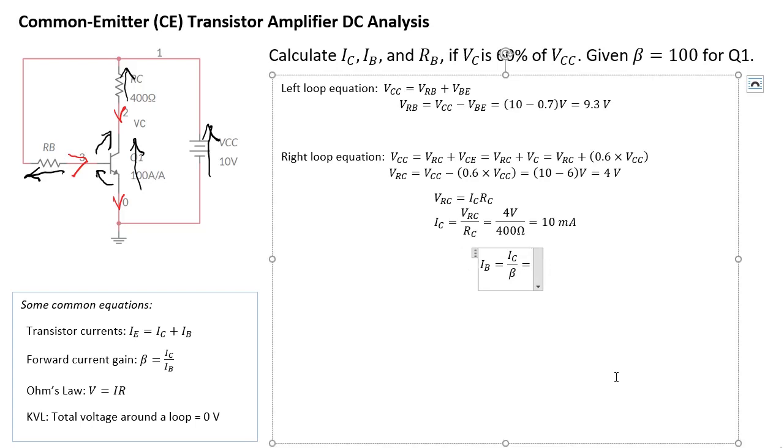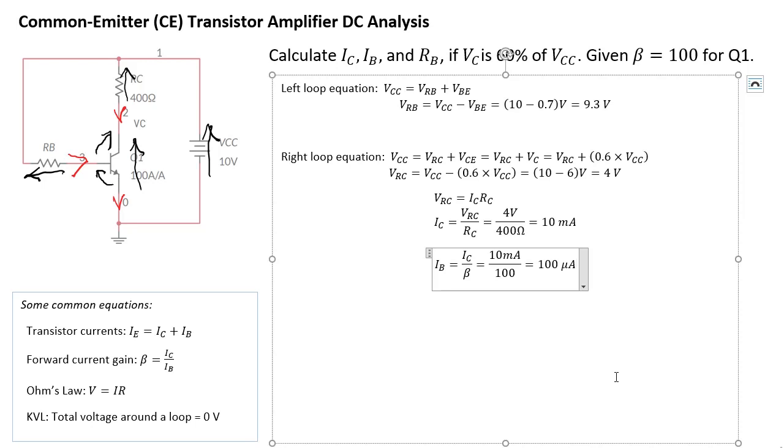So that's 10 milliamps divided by 100. So now we have IB is equal to 100 microamps.